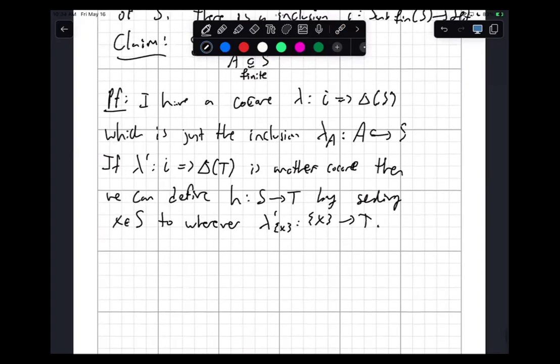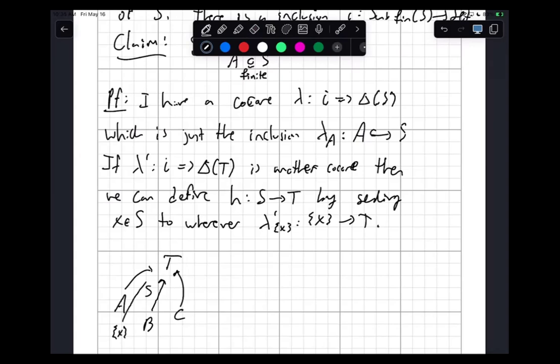Right? So imagine I have all of these finite subsets of S, and suppose I had another cocone T, looks like this. Well, in particular, singletons are finite subsets, right?